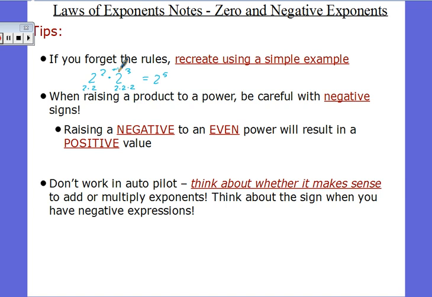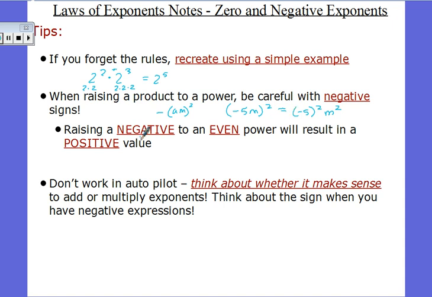When you're raising a product to a power, be careful with negative signs. So if we have a negative sign out front and then we've got a product raised to the power, that negative sign does not get the power. If we have a negative sign inside with a product raised to a power, that negative sign does get the power, so the negative needs to stay in parentheses when you give it to all the factors.